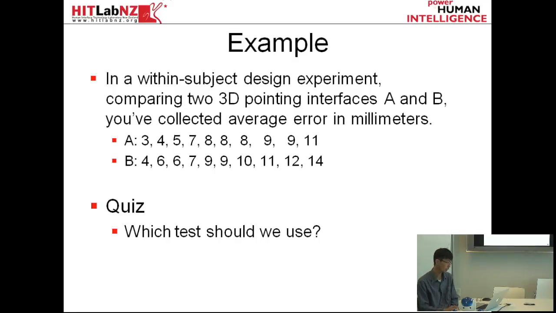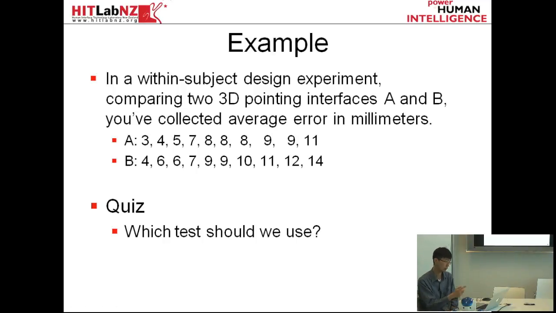So for example, let's say we ran a within subject experiment, which means each of the participants tried all of the conditions. We compared two 3D pointing interfaces, A and B, and collected average error in millimeters. To decide what test to run, you have to look at two things. First, what scale the data is in.